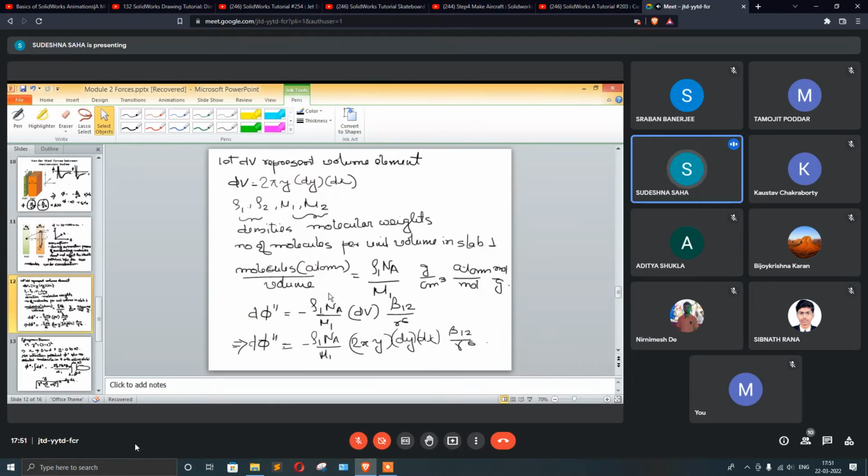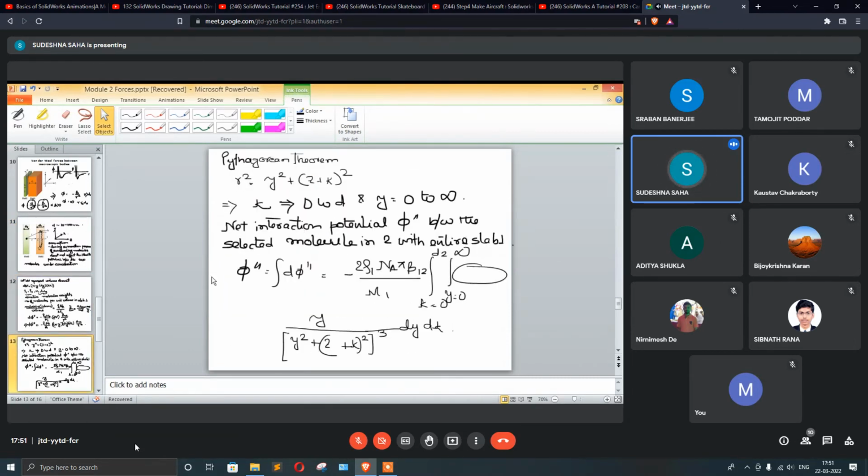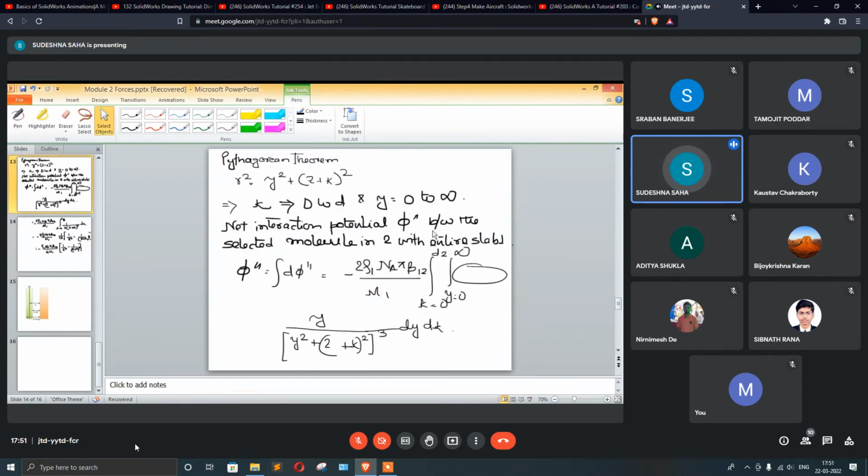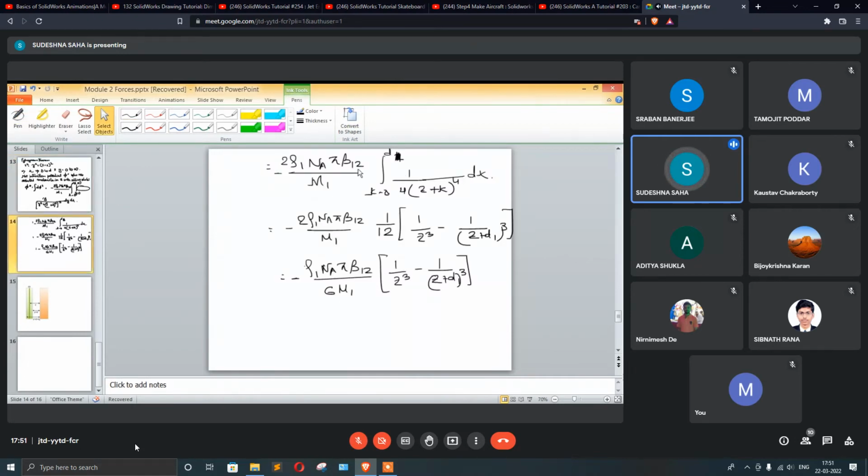It will be d1, extremely sorry. Here I have written d1, and this will be d1 here too. So this is for one molecule in slab 2 and the entire slab 1. That we have talked about.